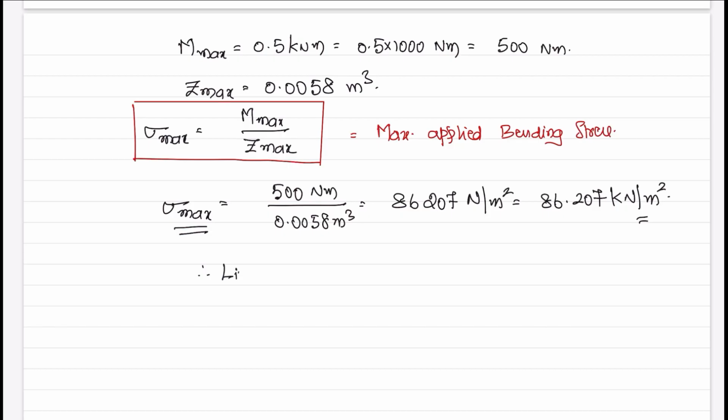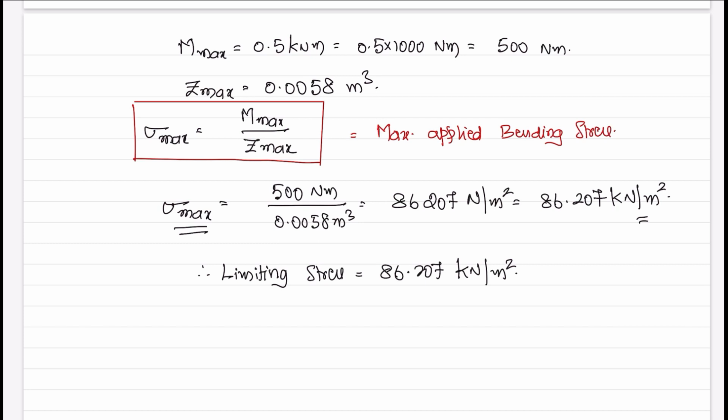Therefore, the limiting stress for the equipment is 86.207 kilonewton per square meter. This is the final answer for part 1. With this value, the stress is known.